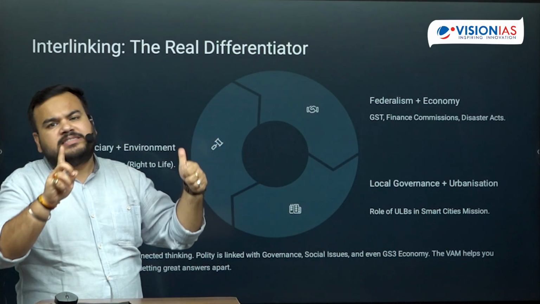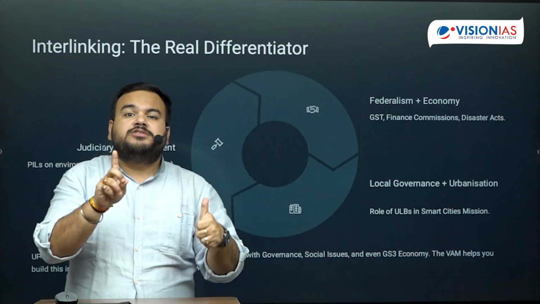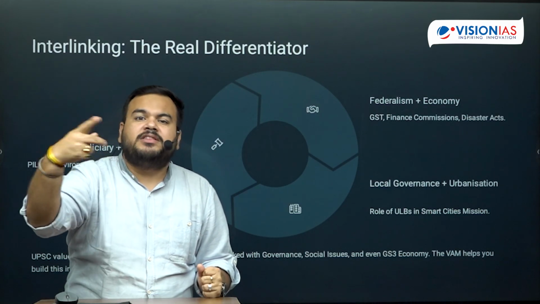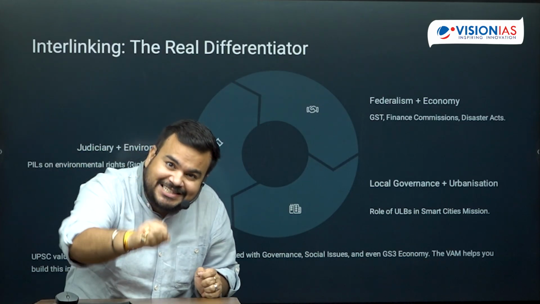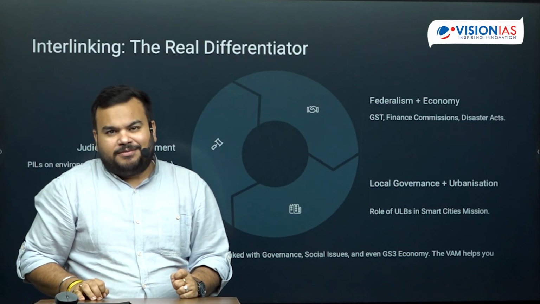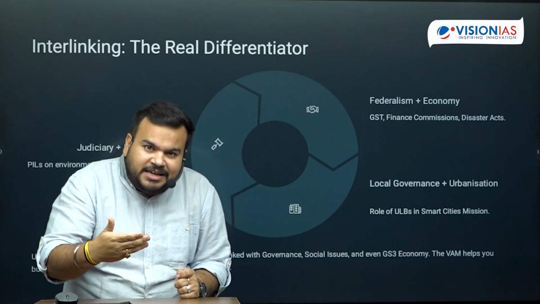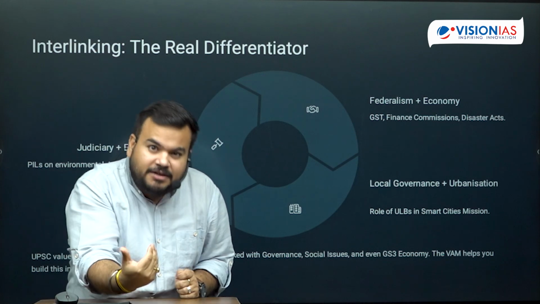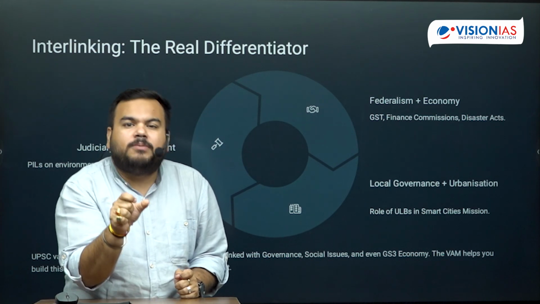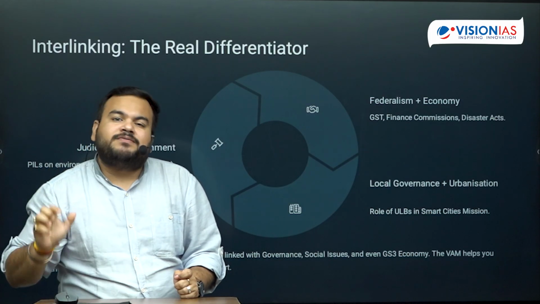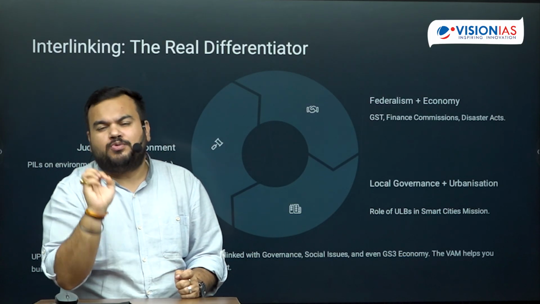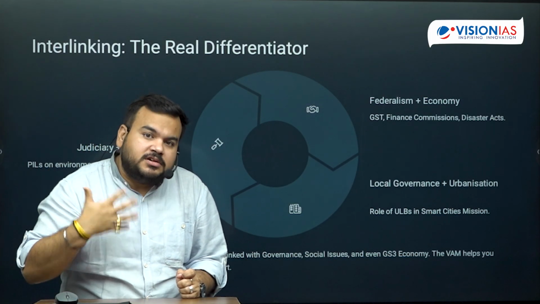So all of these topics which require interlinkage with other subjects have also been explicitly covered in this book, which gives you a perspective that this topic can also be seen through the lens of other subjects of the syllabus, and that is what is required in terms of bringing diversity to your answers.